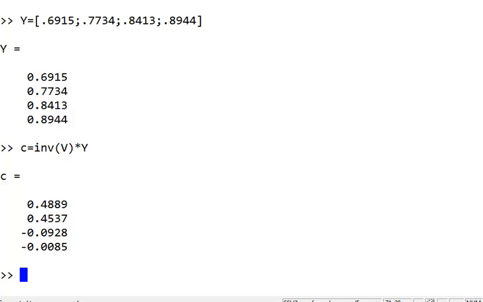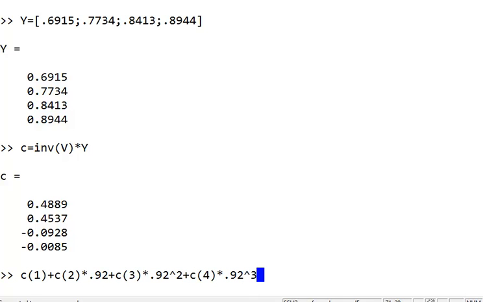Now to calculate the estimate of the area corresponding to z of 0.92, I'm going to type that cubic polynomial in here. C of 1, that's my first coefficient, plus C of 2 times 0.92 plus C of 3, that's going to be times 0.92 squared, plus C of 4 times 0.92 cubed.